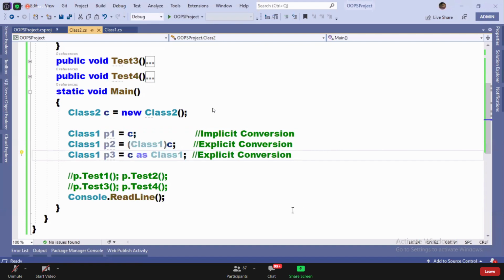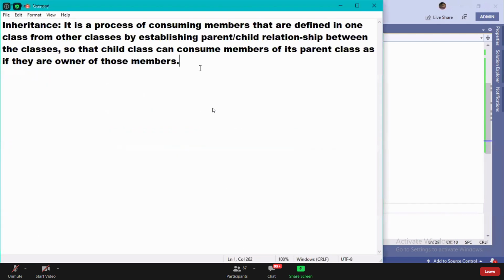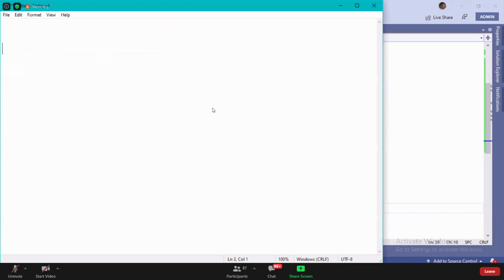Now coming back. What I am trying to tell you is, guys, look at this. Class 1 P is equal to new class 1. What did you do? Created a parent class instance.